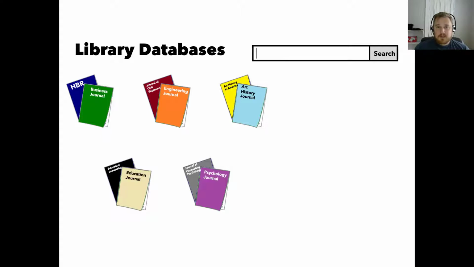What makes them different, and we subscribe to over 100 different databases, is which journals you're actually searching. So we have one called Business Source Complete, which has a bunch of business journals. We have a bunch of different topics, psychology as well.